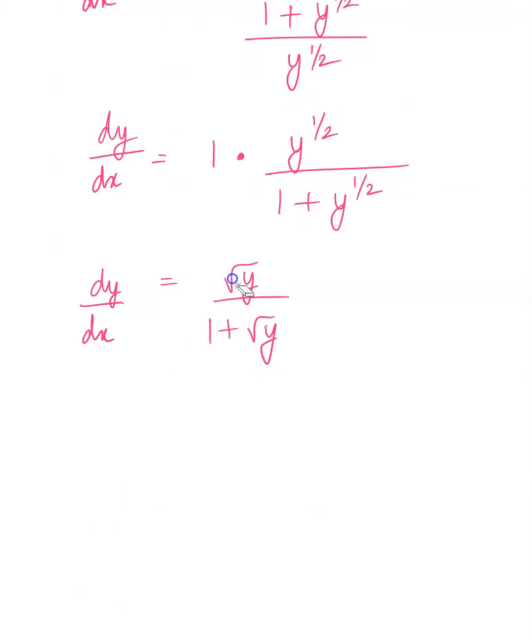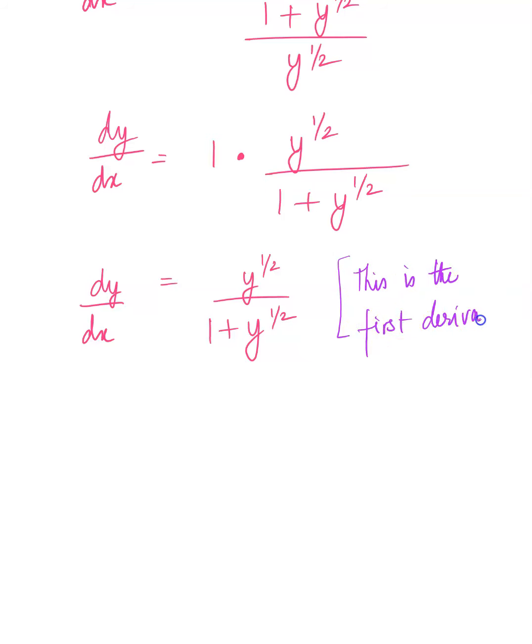Therefore, I do not want to write it as a radical. I'll keep it as a power half because it's going to help me with the second derivative. Okay. So I'll just say here, this is the first derivative. We're asked to find the second derivative, so we go on.